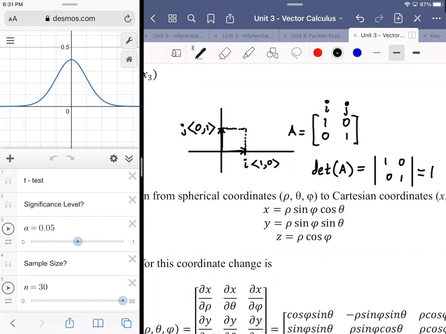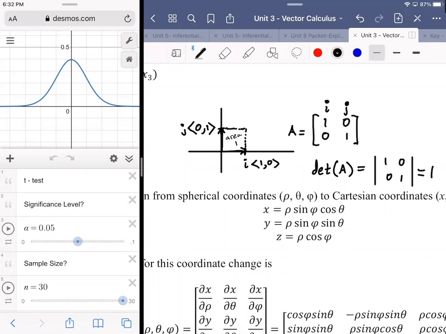Right? So you think about what that corresponds to, that corresponds to the area contained within this parallelogram, which happens to also be a square. So that area, I'll actually write area because I already used A for something else. So area of 1.